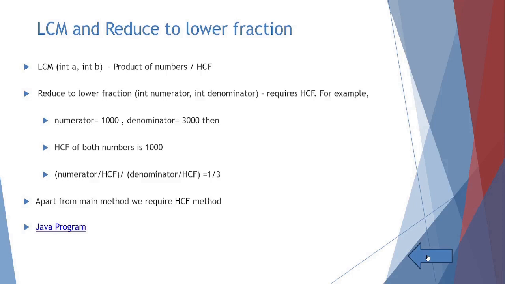Now numerator upon HCF, that is 1000 upon 1000, is equivalent to 1. And denominator upon HCF, that is 3000 upon 1000, is 3. That is, the fraction is reduced to 1 upon 3. So in both the methods, reduce as well as LCM, we require HCF.